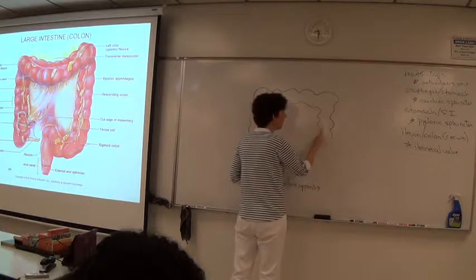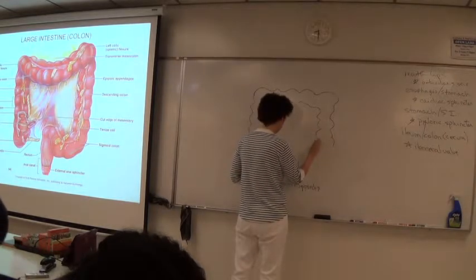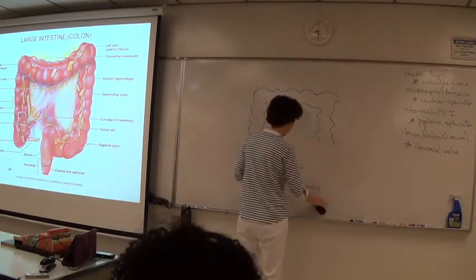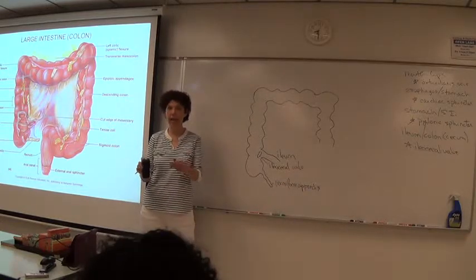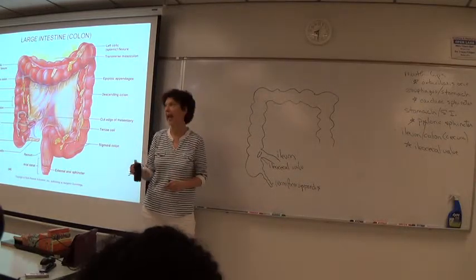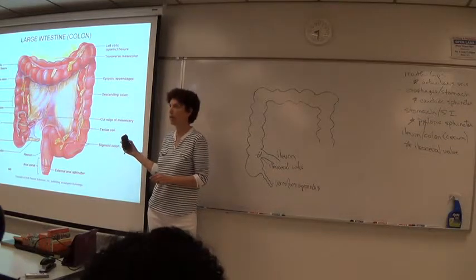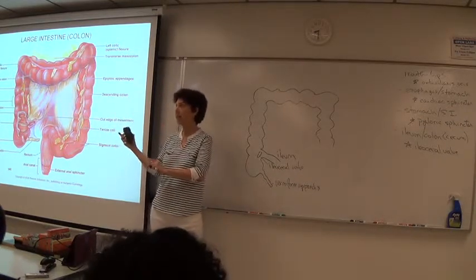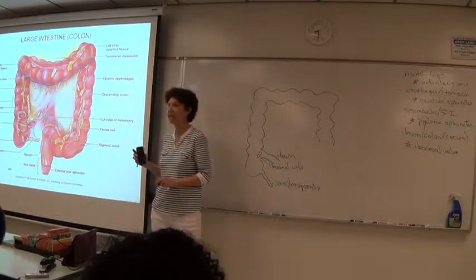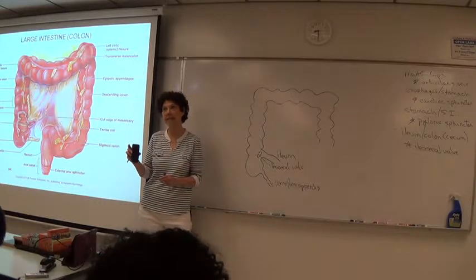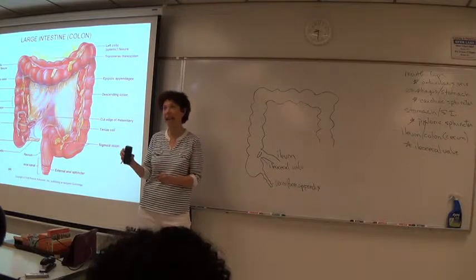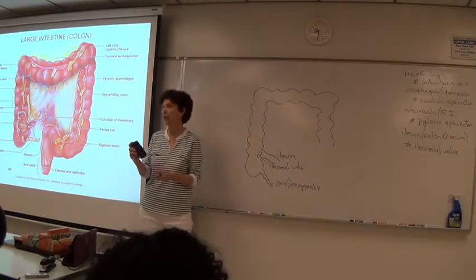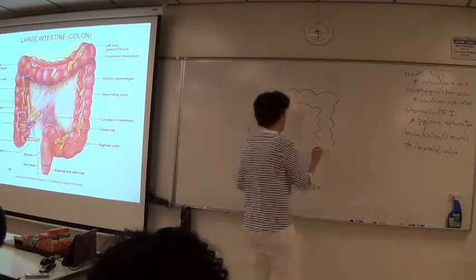Water. Most of our digestive nutrients are absorbed in the ileum, so it's primarily water. And then we have a symbiotic relationship with the bacteria. They break down the plant fibers that we can't, cellulose, since we don't have that enzyme, and they produce vitamin K that our liver utilizes in the synthesis of clotting factors.